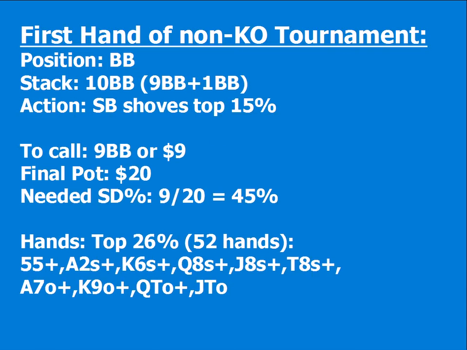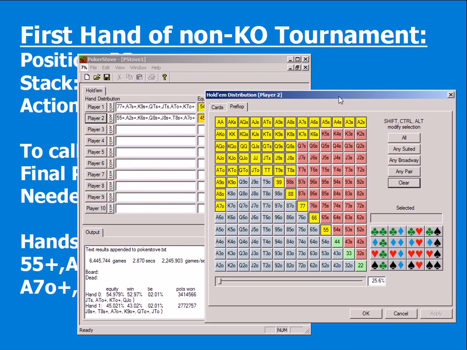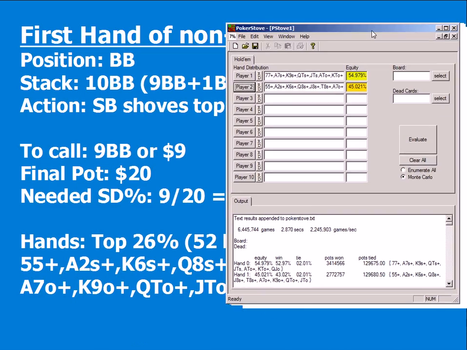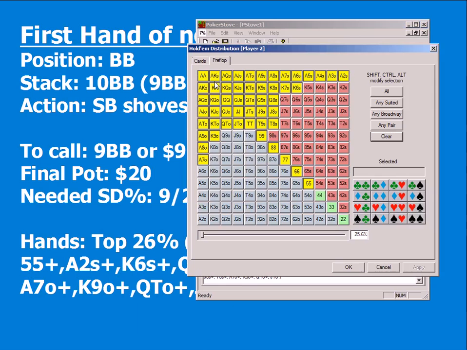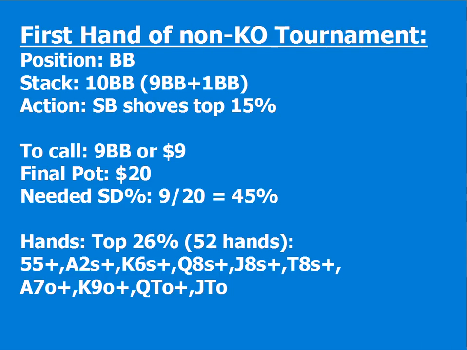Then I gave the second guy, I figured out what calling range would give him 45% against that range, and I determined that it's basically the top 26%. You run that, and it's just about 45%. So in that case, with a non-knockout tournament, given all the suppositions, we could call with the top 26% of hands, which is about 52 hands, and these are the hands.